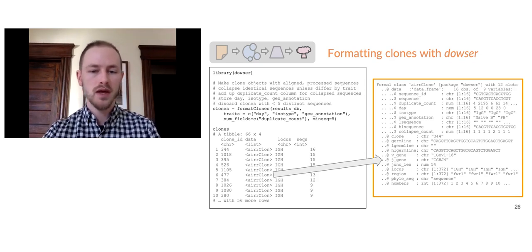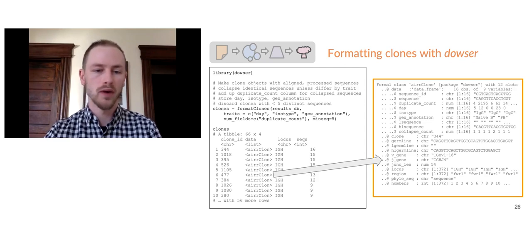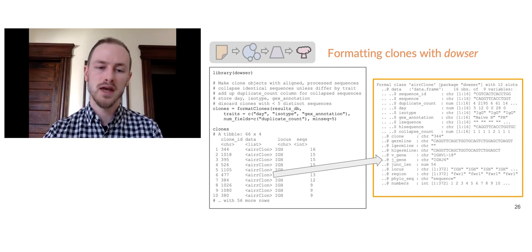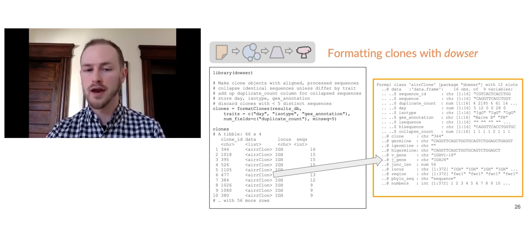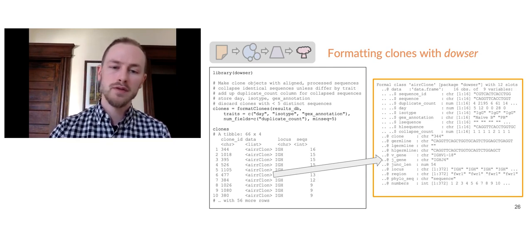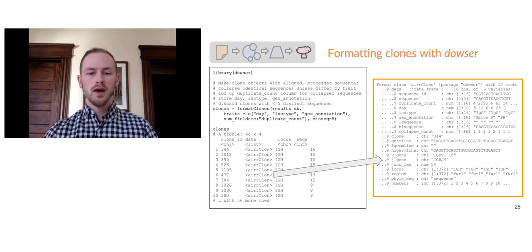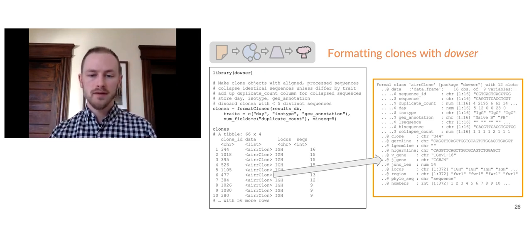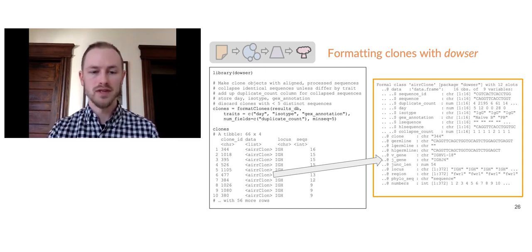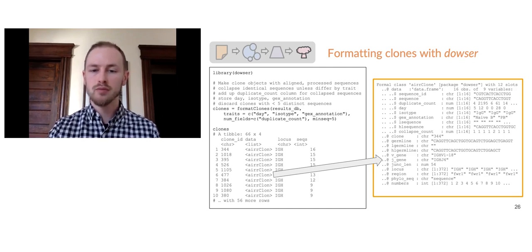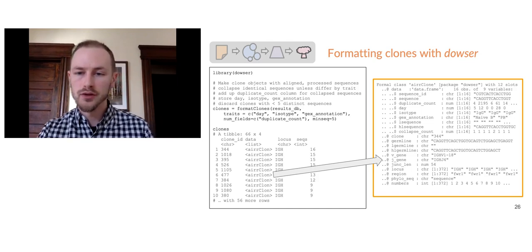After running this command, we'll have a new data frame where each row is a clone ID, and we have an associated data object called an airr-clone object. We also have information about the locus that's present, as well as the number of sequences within the clone. Now, hopefully, you'll never have to deal with one of these airr-clone objects directly, but just to show you what's going on under the hood, we can look at what is inside of an airr-clone object.